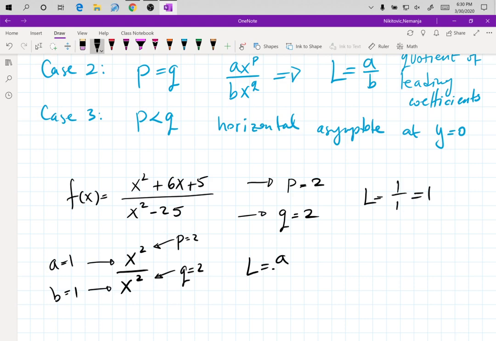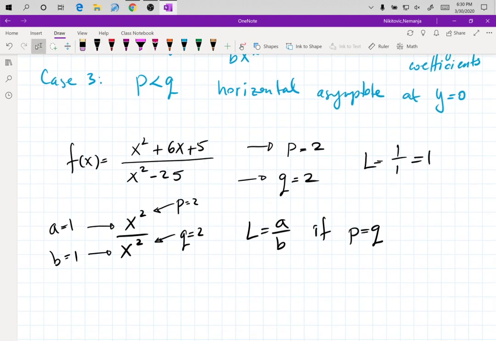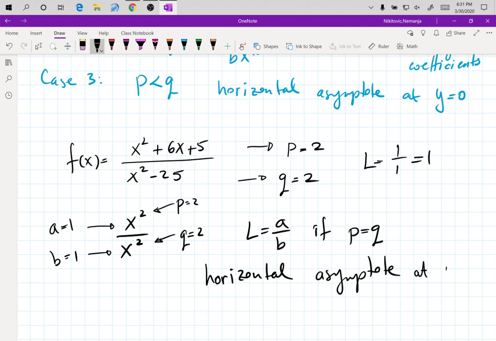L is supposed to be A over B if P equals Q. Because P equals Q, because they're both 2, then we have a horizontal asymptote at y equals 1, because 1 divided by 1 is 1.